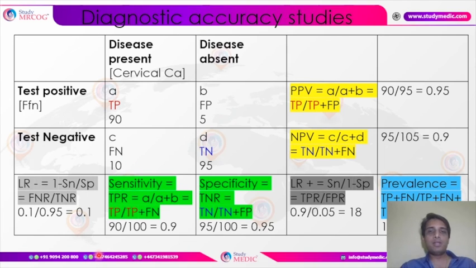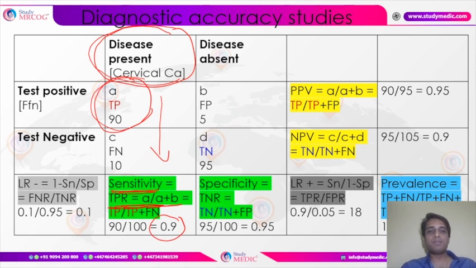Now, what is the sensitivity? Amongst those who have the disease, how many are tested positive? It is called the sensitivity, A by A plus B, or true positive rate, true positive by true positive plus false negative.